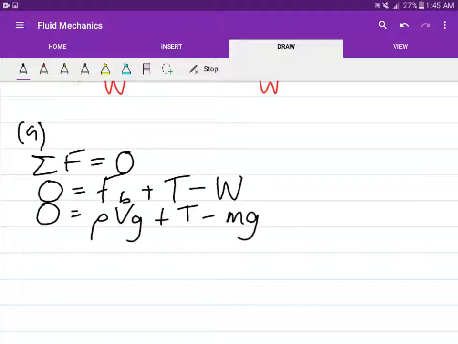So if we isolate T here, T will be equal to mg minus rho times V times g.